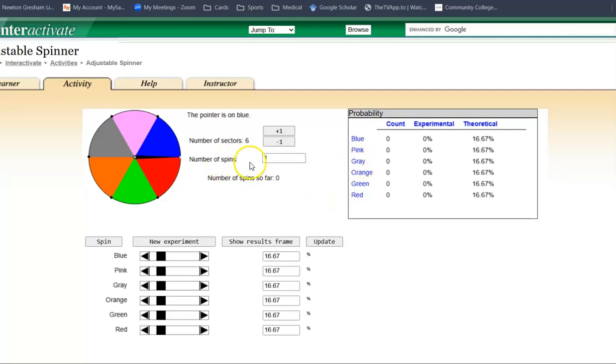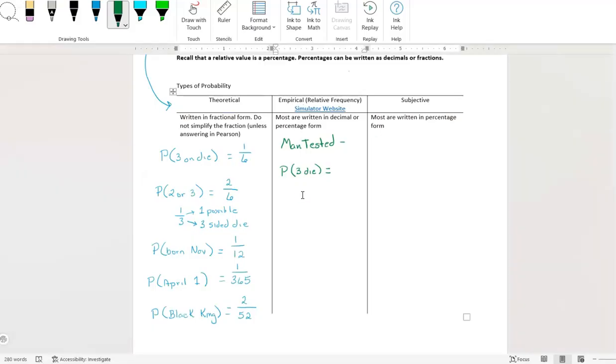If we spin this one time, well, the probability is 1 out of 1 because it landed on gray. Well, we know that probability is not a 1. So the probability of this first time was 1.